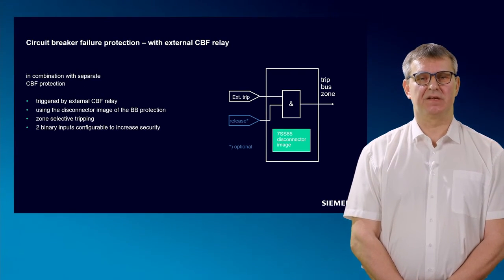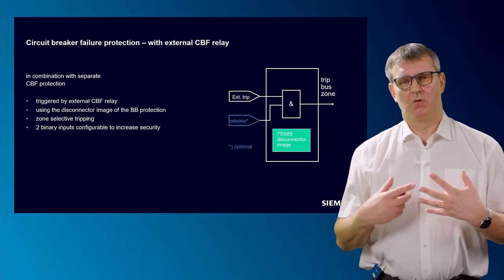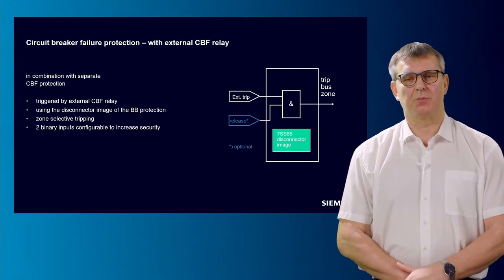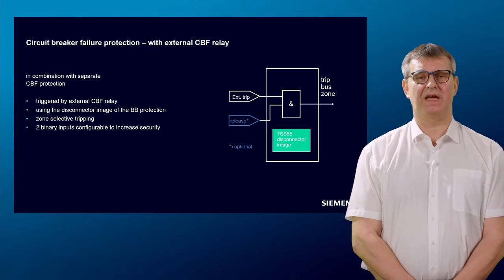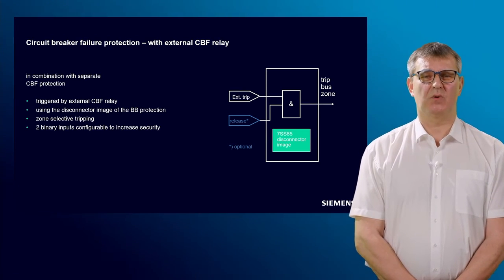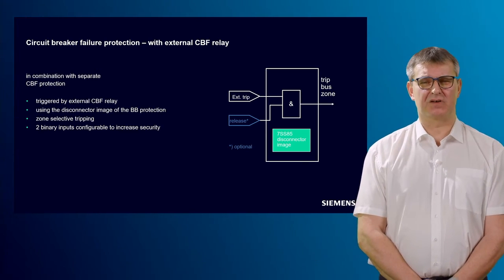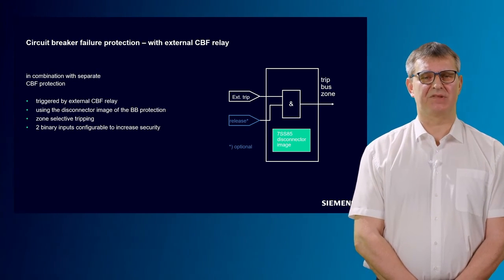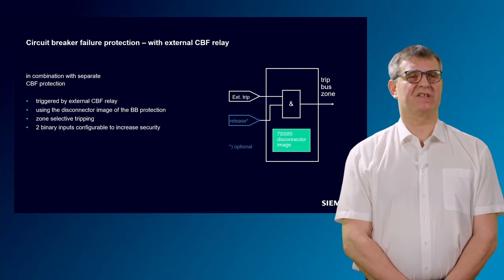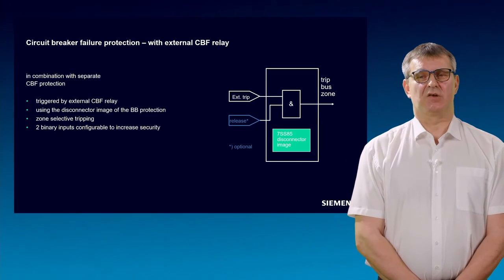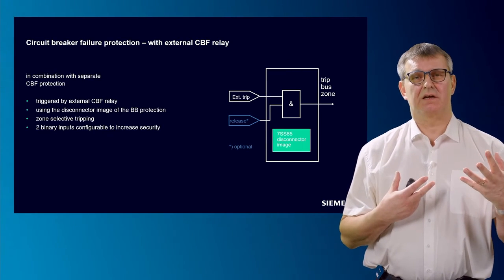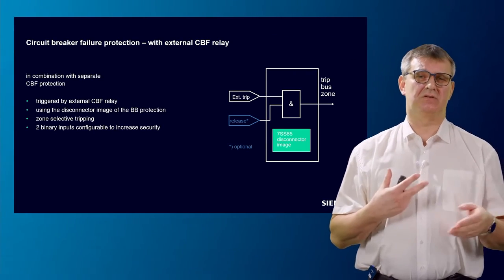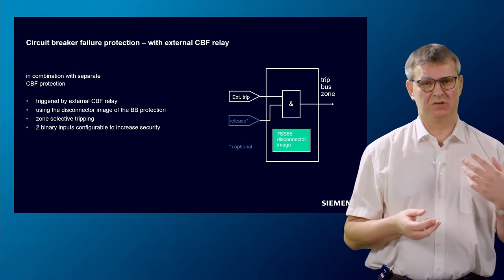Last but not least, circuit breaker failure protection with external circuit breaker failure relay. So that's sometimes a requirement. I know it quite well from a lot of customers in the United Arab Emirates that they want to have their separate circuit breaker failure protection, meaning this whole logic monitoring the current threshold, delay time T1, delay time T2.